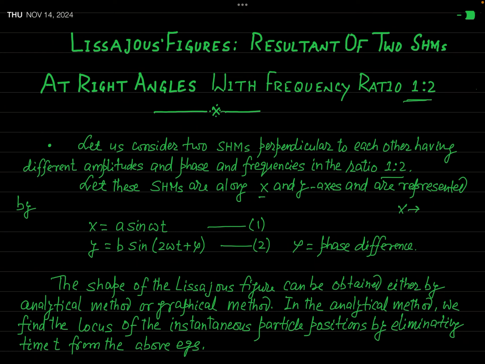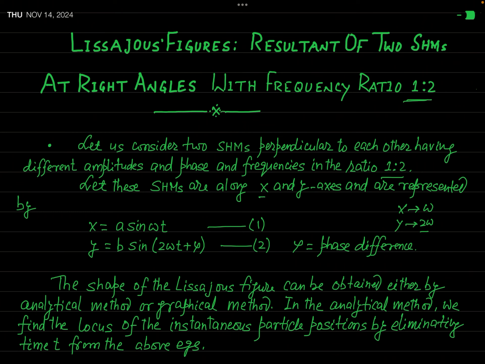Then the other SHM you may take along the y-axis so that they will be perpendicular to one another, and you have to take the frequency of the SHM along the y-axis as 2 omega. Then the ratio of the frequencies of these two SHMs will be 1:2.